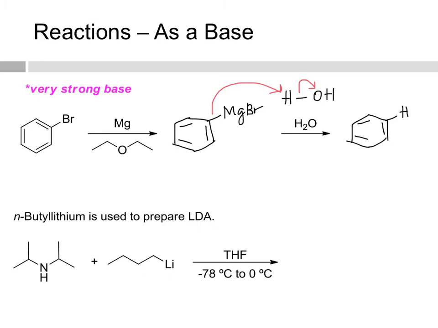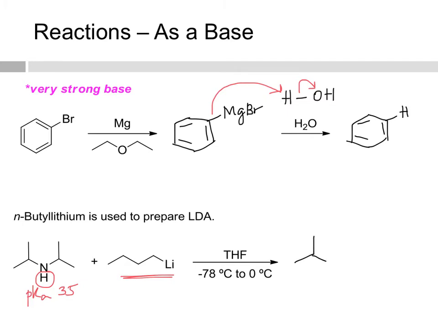N-butyllithium is used to prepare LDA by treating it with diisopropylamine in THF. These reactions are usually done under low temperatures, and the product is going to be deprotonation of this acidic proton. Remember, the pKa here is about 35, so while it's not very acidic, this is a strong enough base to be able to deprotonate it.